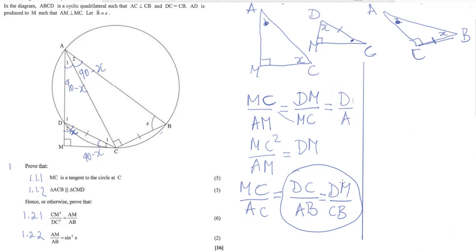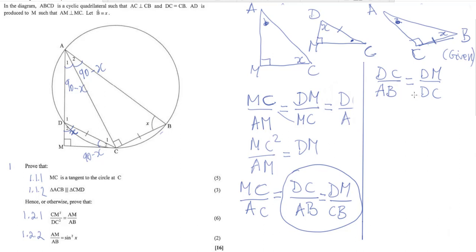So what we will do, we keep this one, DC over CB, all right? Is equal to DM over DC, because it's given. So the reason is what? Given.